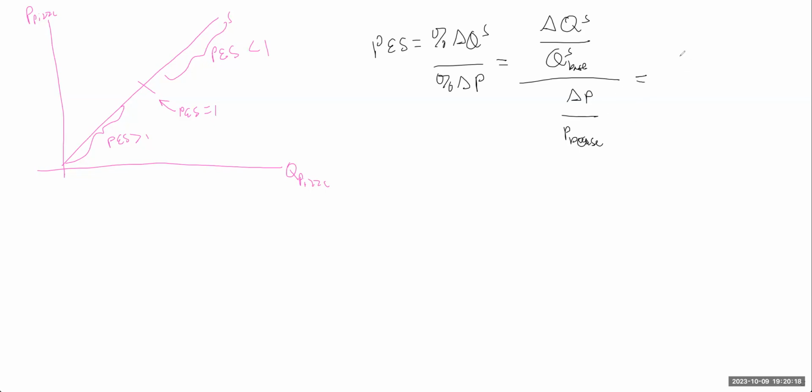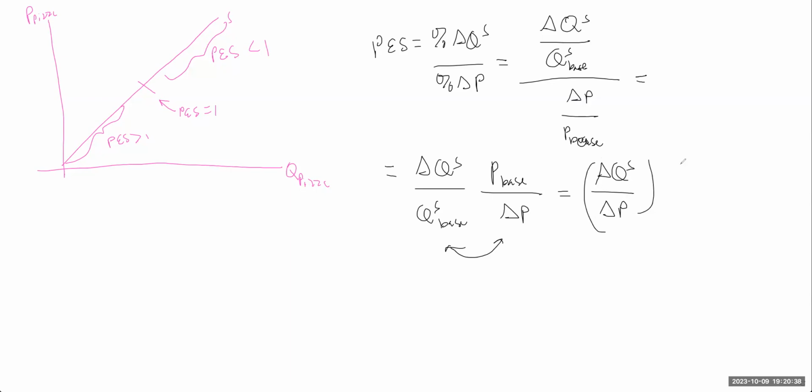I flip this, equal to change in quantity supplied over quantity supplied base, P base divided by change in price. Change in quantity supplied over change in price, times P base divided by quantity supplied base.